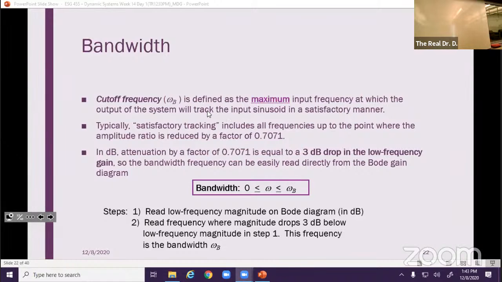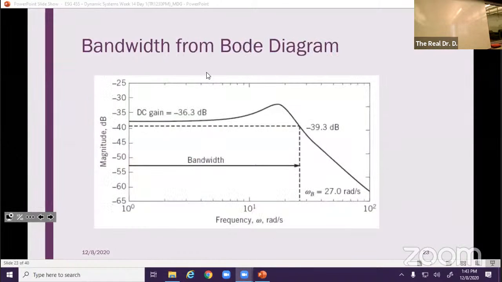So that's bandwidth, right? So here's our Bode diagram. It's a new system. Notice our DC gain to start with, right? If we read this off, that's negative 36.3 dB. So the first thing about this Bode diagram is that at low frequency, we are already attenuating by 36 decibels here.